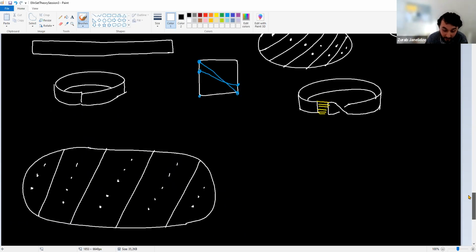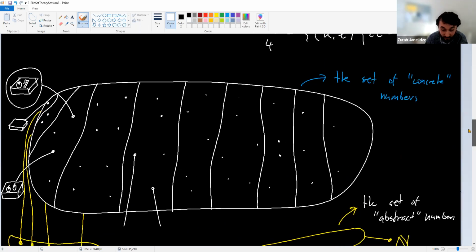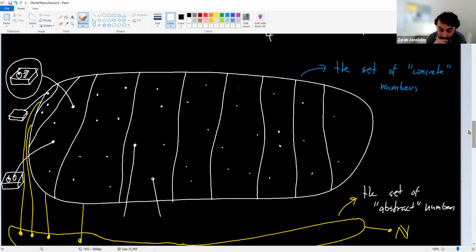For example, in this case, when we were creating natural numbers out of sets of objects, two sets of objects would fall in the same group if they had the same amount of contents in them, and this defines a relation between objects in the group.